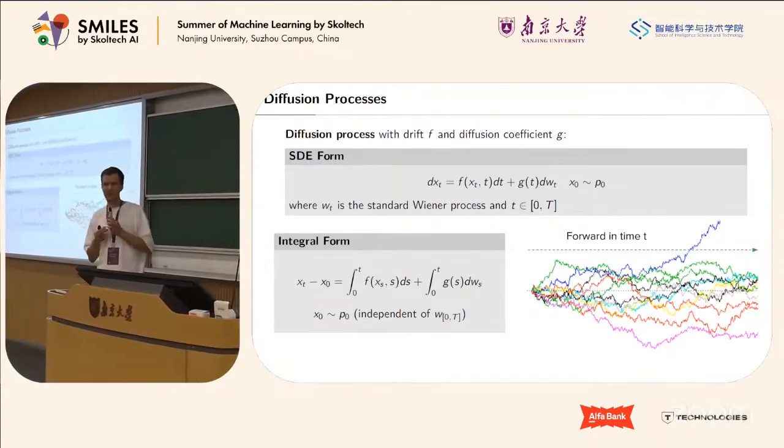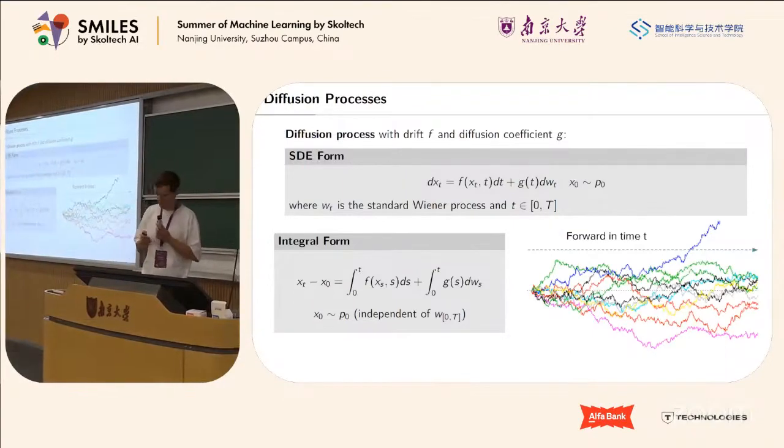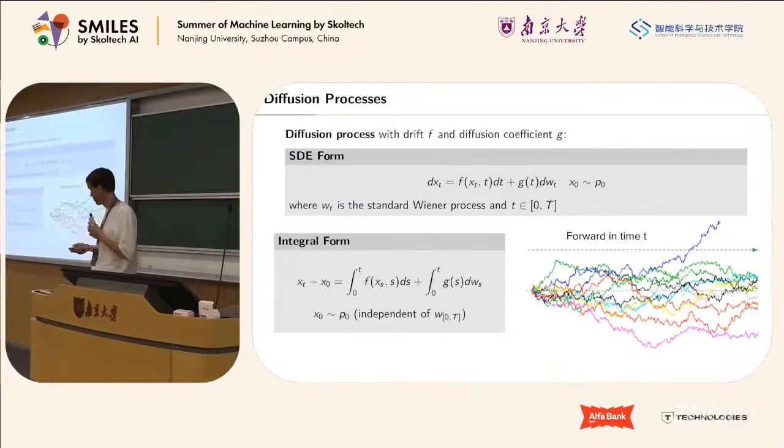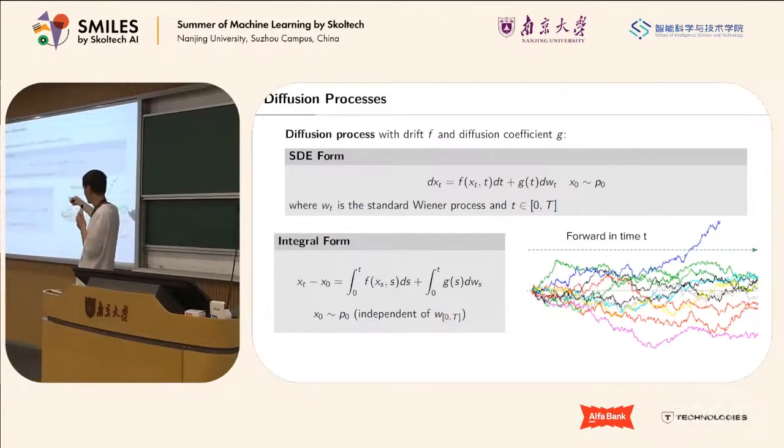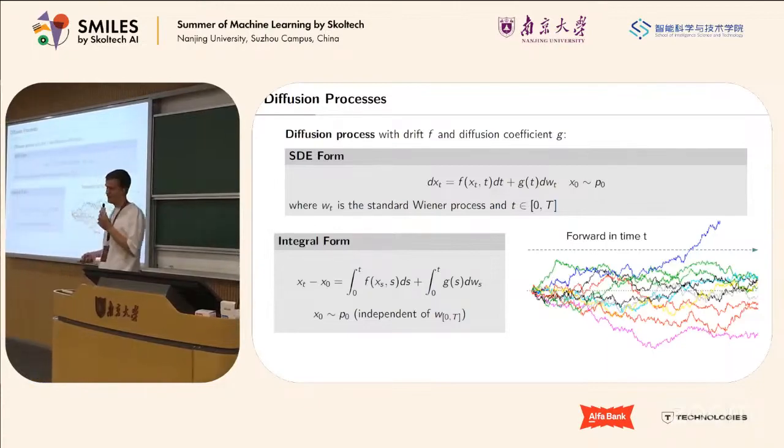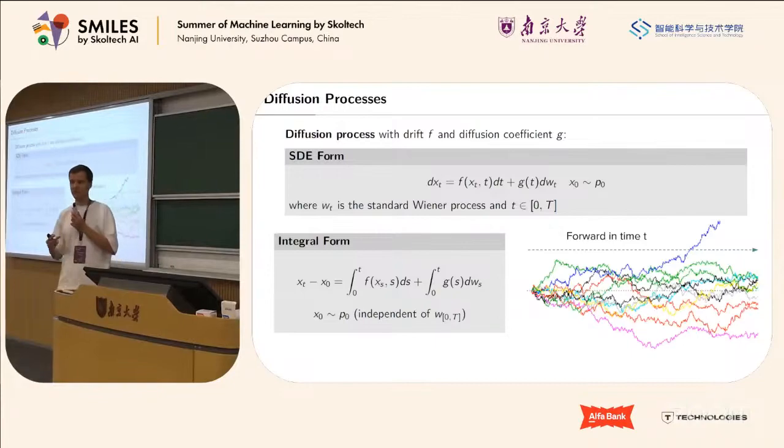Specifically, we are going to work with stochastic differential equations of this type, written in this differential form. What does this mean? We have some process which evolves in time, and this evolution is described by two things.